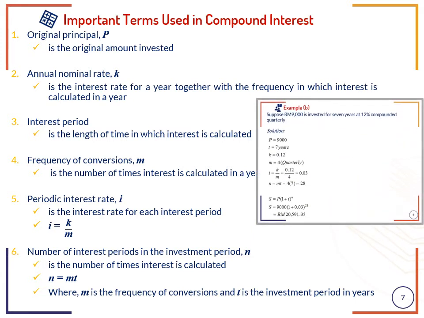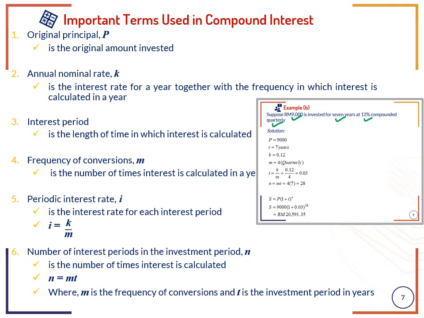Consider example B. Suppose 9,000 is invested for 7 years at 12% compounded quarterly. P here is 9,000. T is 7 years. K is 12% or 0.12. M is 4, referred to quarterly.